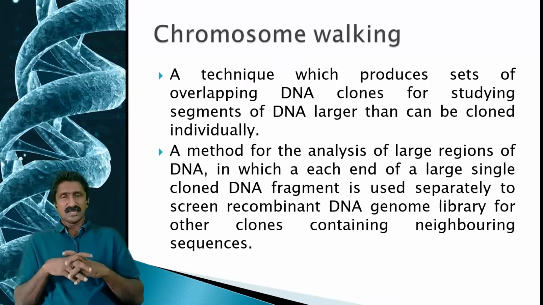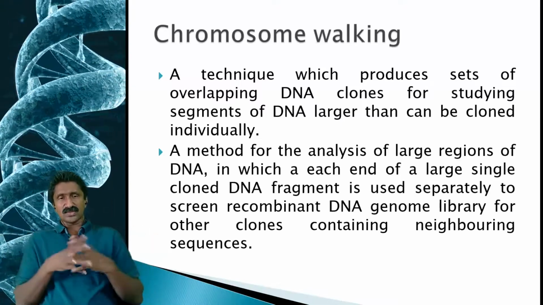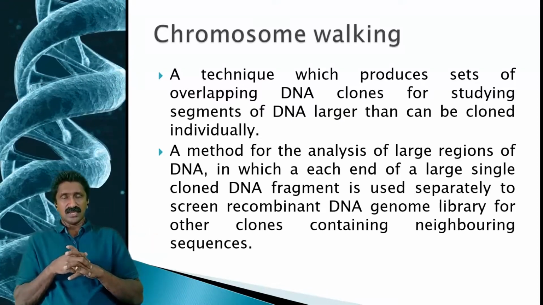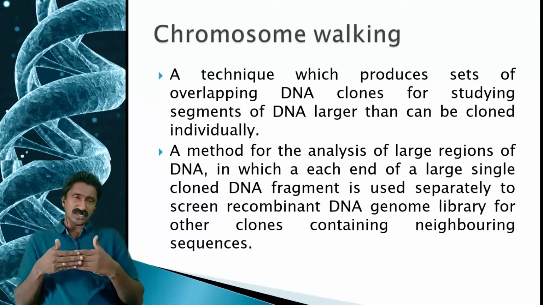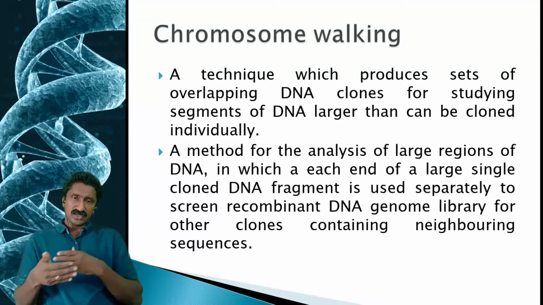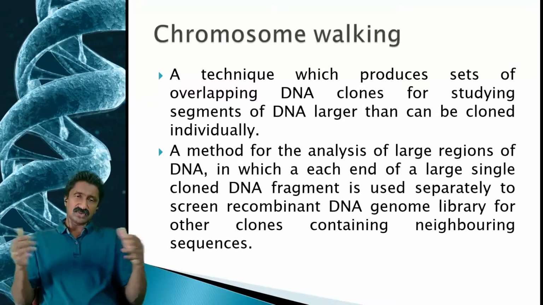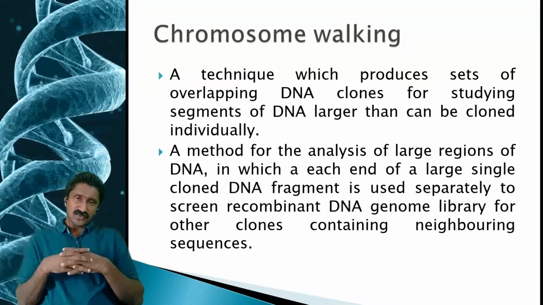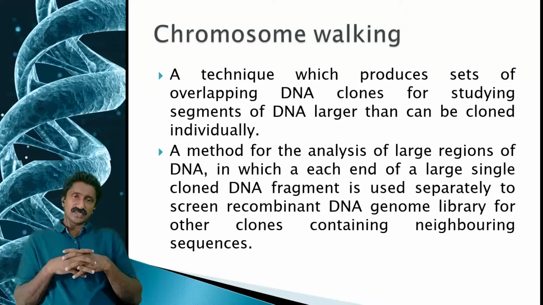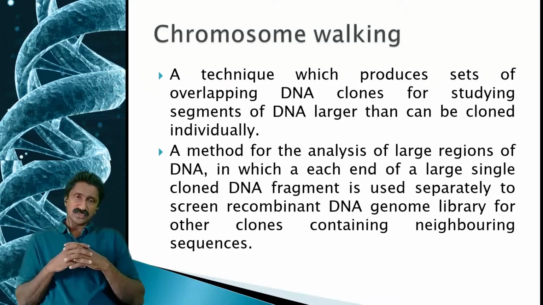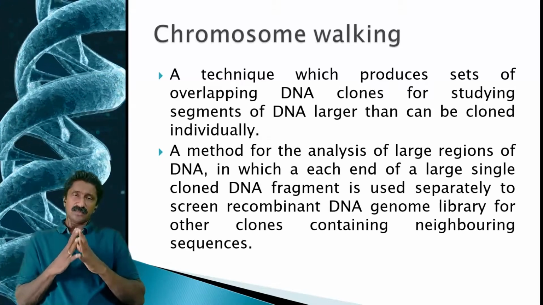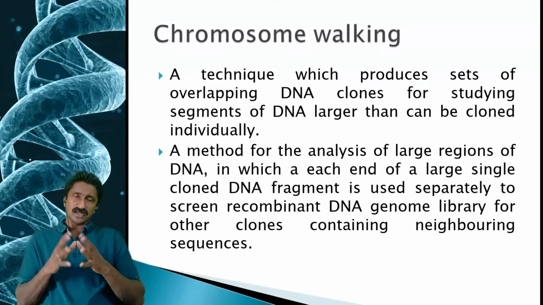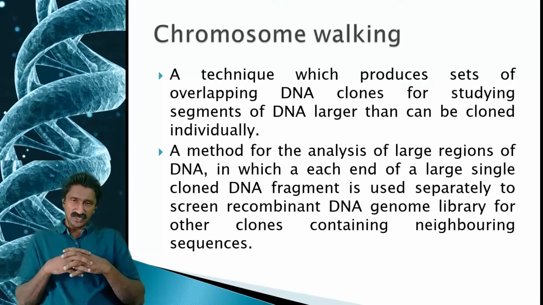So in that case, such longer DNA sequences can be studied by constructing clones containing overlapping fragments, so that individually they can be arranged and sequenced or analyzed. So chromosome walking is a set of procedures that produces overlapping DNA clones, and that can be used for studying larger fragments of the DNA.